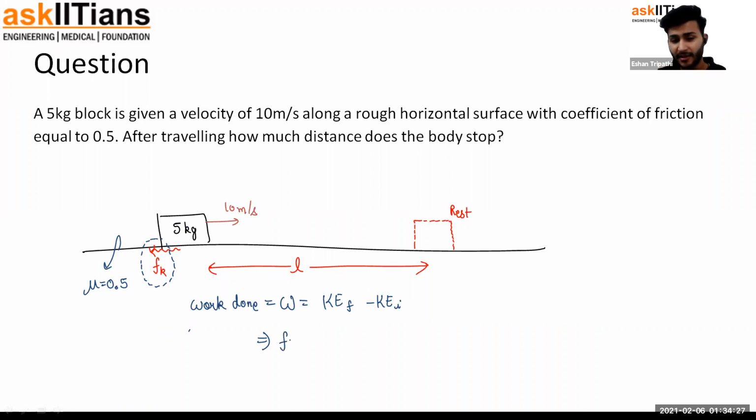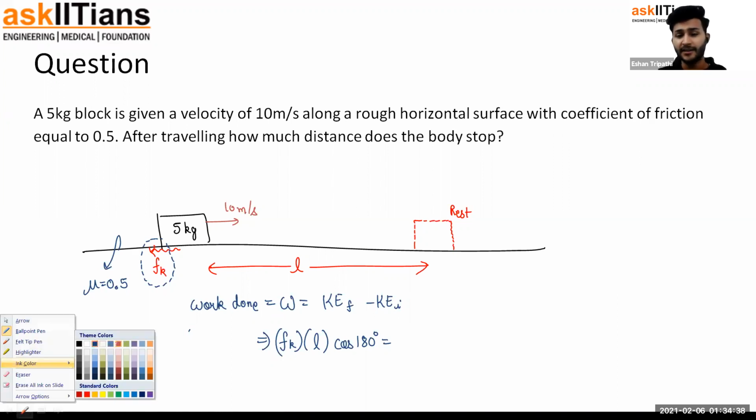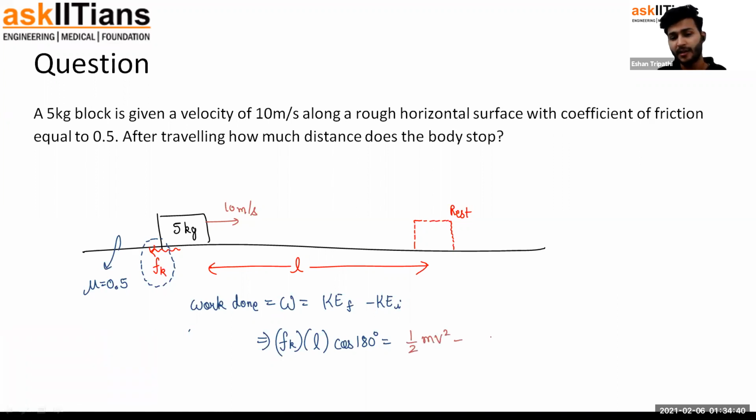So the work done is the magnitude of kinetic friction, times the magnitude of the displacement, multiplied by cos of the angle between them, which is 180 degrees. That is equal to final kinetic energy, half mv square, minus initial kinetic energy, half mu square. Since we know the body is at rest finally, the final velocity v is zero, so this quantity is zero.